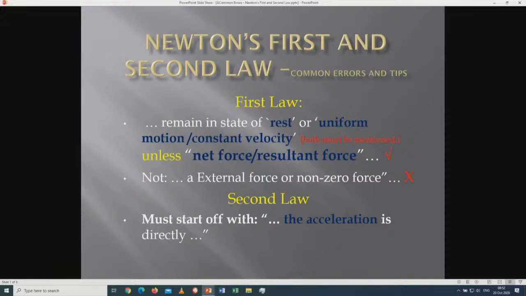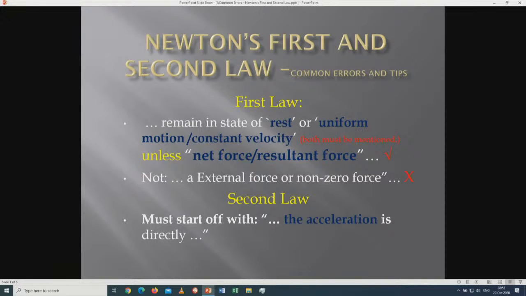You must also somewhere mention the word net force. If you start off with the preamble, when a net force acts on a body, the body will accelerate in the direction of the force applied, but you must mention a net force.